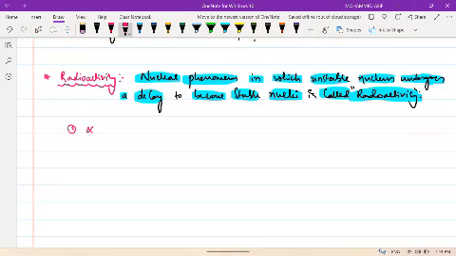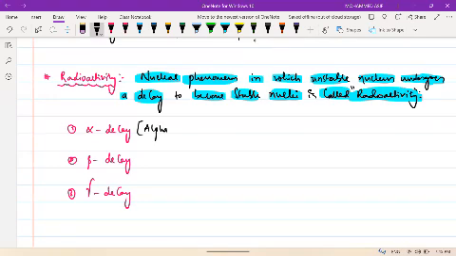First one is alpha decay, next one is beta decay, and third one is gamma decay.